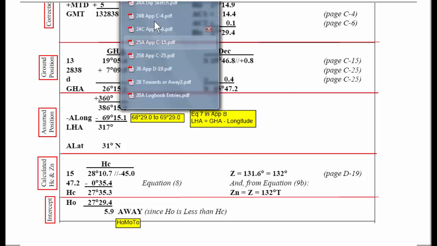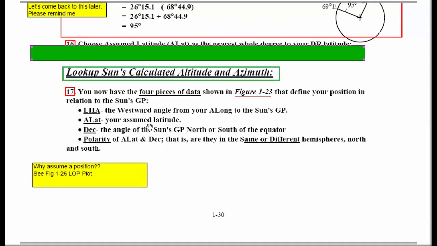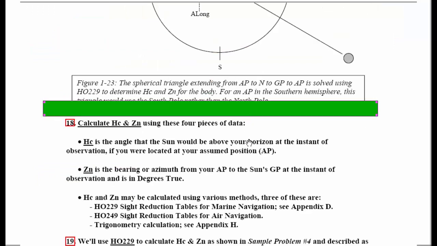So let's go back to our text and look here. So we have the 4 pieces of data, and we're going to go to HO229, the sight reduction tables, in order to calculate HC and Zn using the 4 pieces of data.